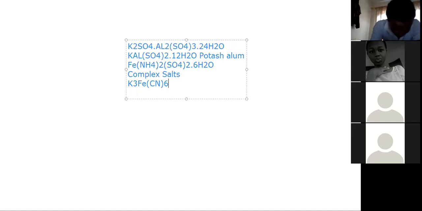So one example is this. The one we have to name will become potassium hexacyanoferrate. The ferrate means iron, it's the same thing.